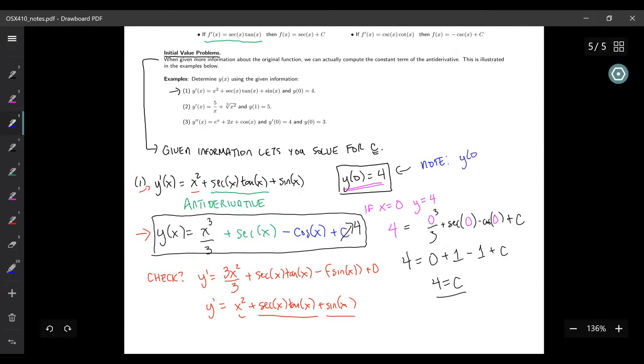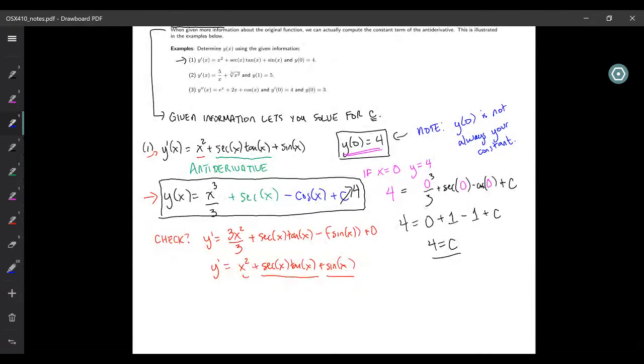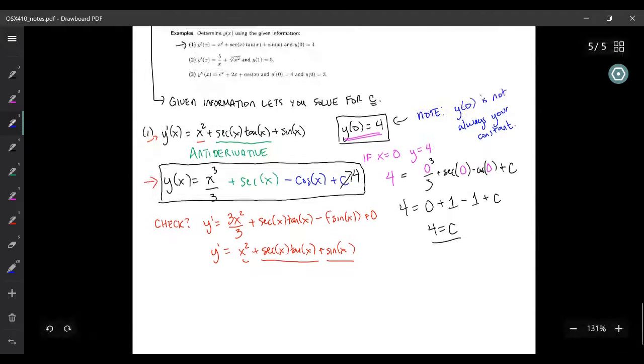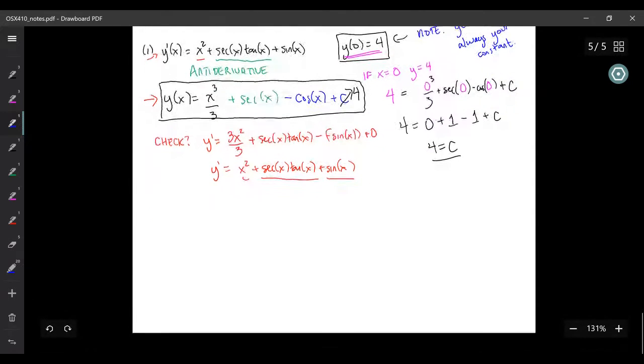When you get y of 0, it's not always your constant. Right? It happens a lot, but it's not guaranteed. Y of 0 happens before, which happens to also be the constant. Right. So let's look at the second example.